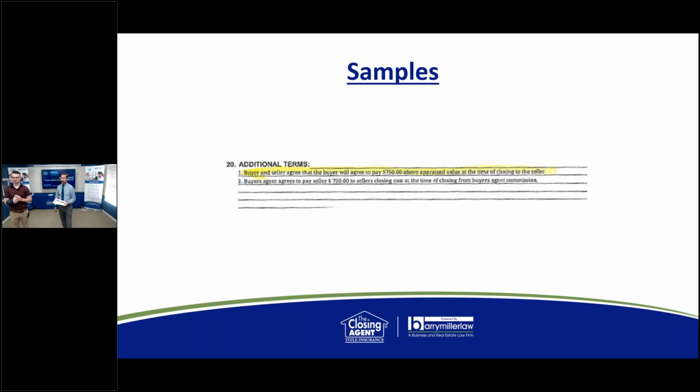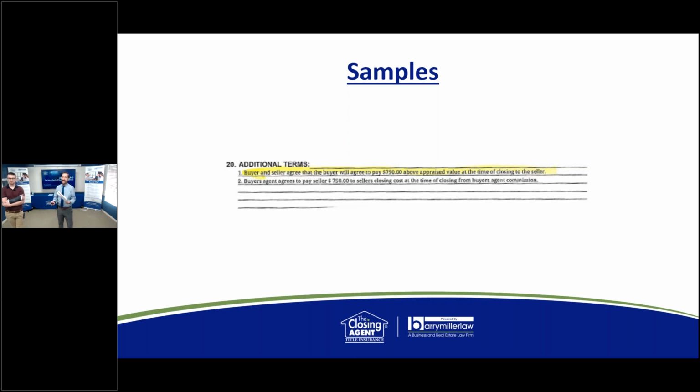I'm not selling it for $185,750. And the question was, is the seller obligated to sell it for $185,750? The answer is that's what he agreed to. What it should have said is some sort of language of $750 above the purchase price if it appraises.